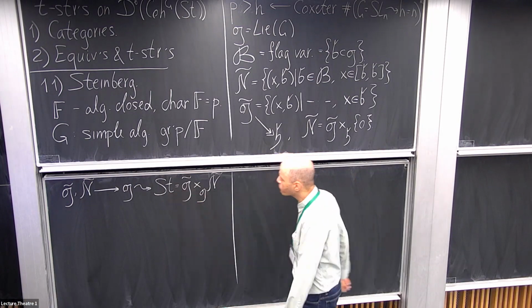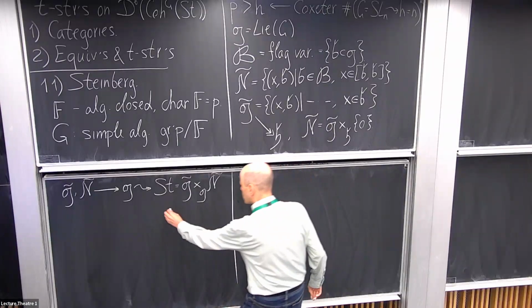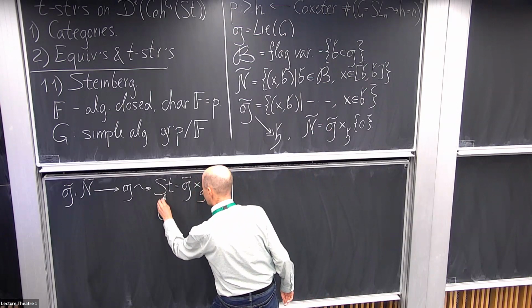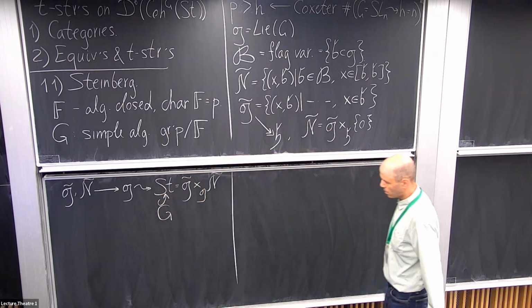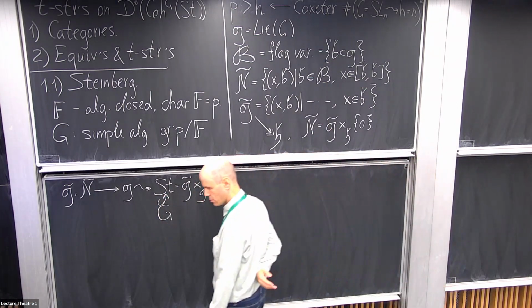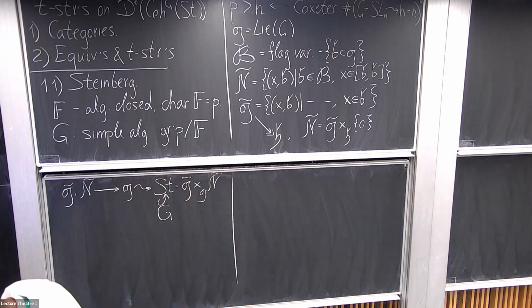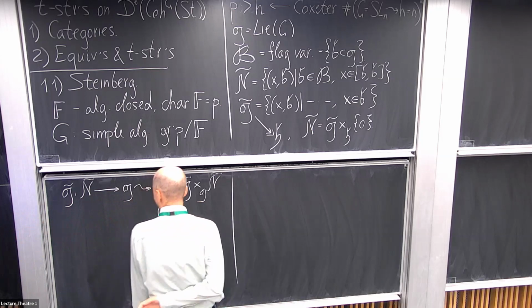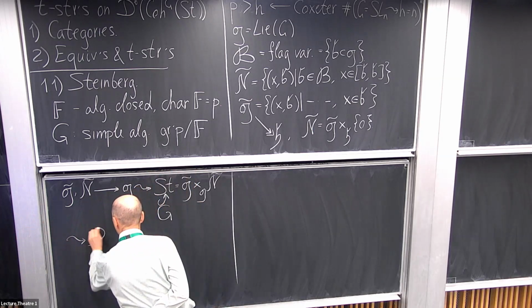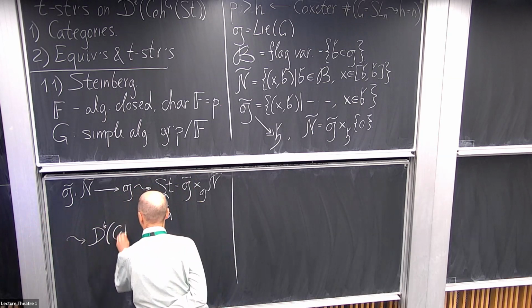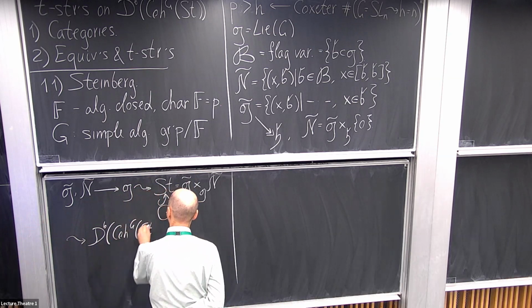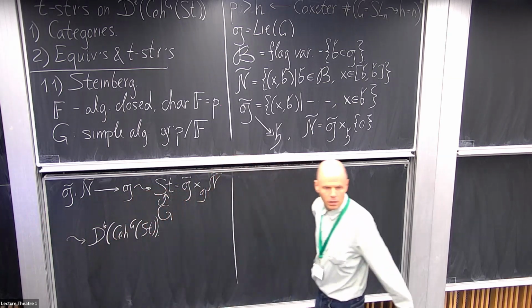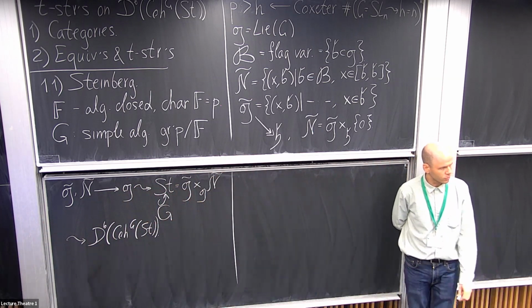Okay. And now notice that the group G acts on the Steinberg variety. So what you can do, you can consider the bounded derived category of equivariant coherent sheaves on the Steinberg variety.